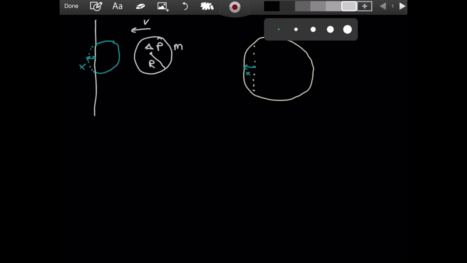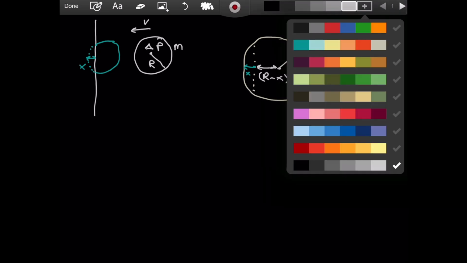So we know the radius, it is capital R. That means this distance from the center of the ball to the wall when the maximum compression is achieved, that distance is R minus x. Right?